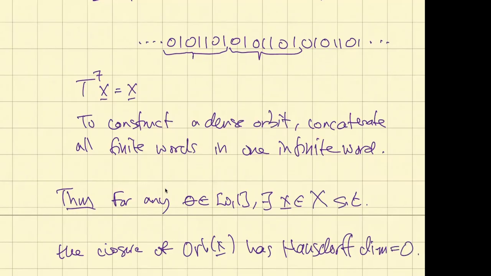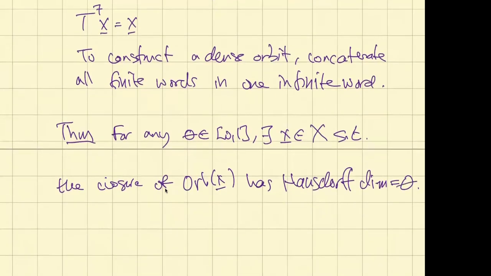So you can basically get any Hausdorff dimension that you like for some orbit closure. So in this dynamical system, it's very far from possible to classify all the orbit closures.